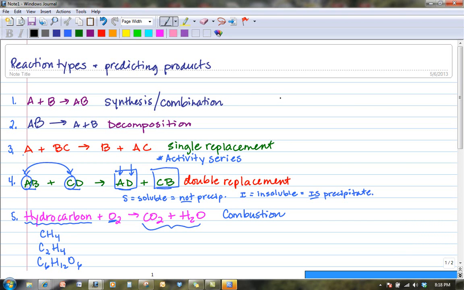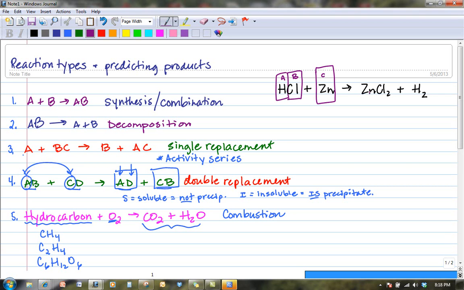So let's say that I have the formula HCl, hydrochloric acid, plus zinc yields zinc chloride plus hydrogen. Well, the first thing I'm going to do is assign a letter to each element. So hydrogen is going to be A, chlorine is going to be B, and zinc is going to be C.